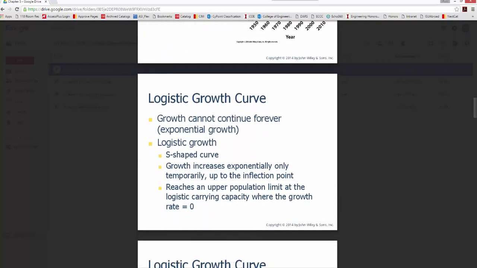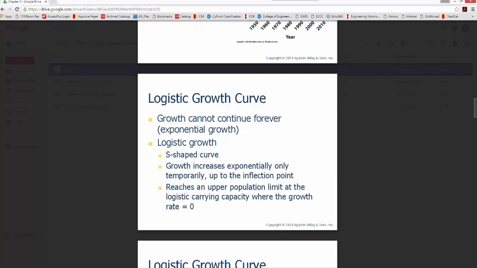Now, there's this other type of growth. We've talked about exponential growth and how to double your population. We've got something called the logistic growth curve, which I believe gets us closer to a truer prediction, but this model is still flawed, and you'll see why in just a moment.